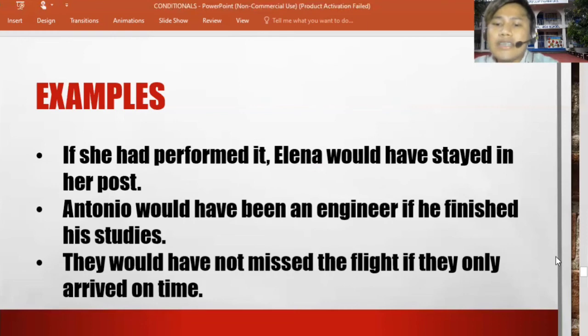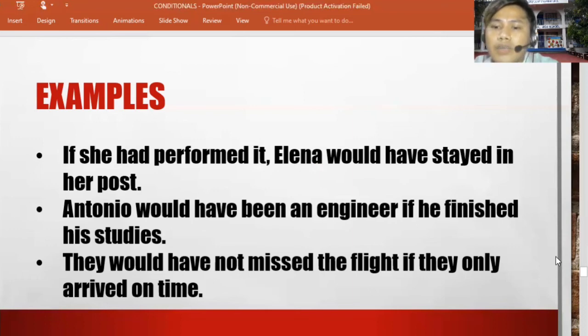Obviously, it follows the structure very well: would have and the past participle been. The if clause also follows the structure: if plus the past perfect finished.